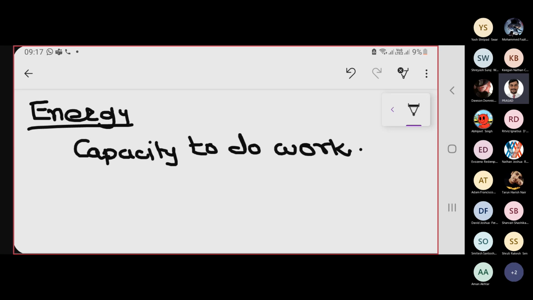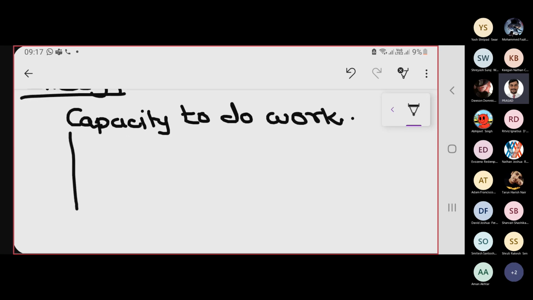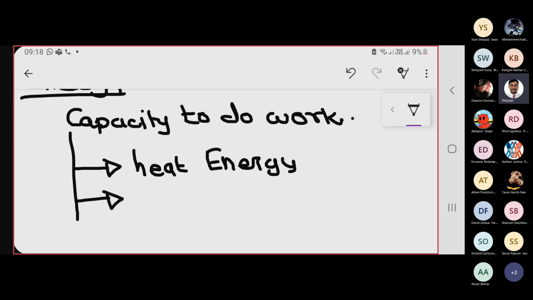So what are the types of energies in science? I will not say in engineering, it will be in science. The first is heat energy. Second one, mechanical energy.